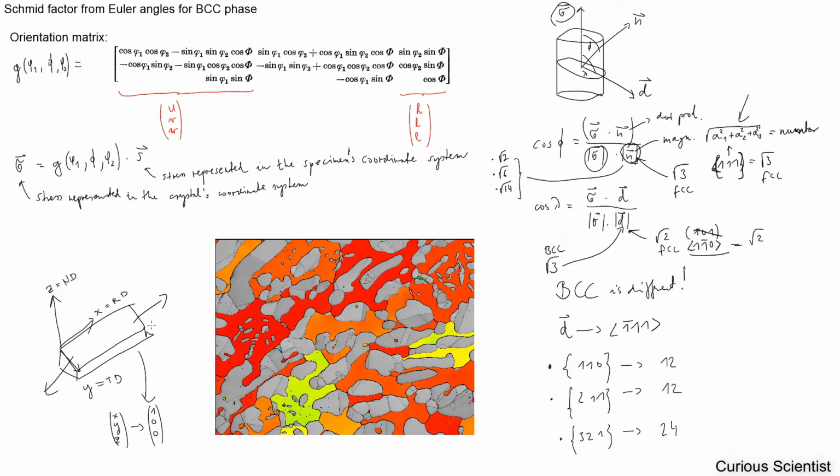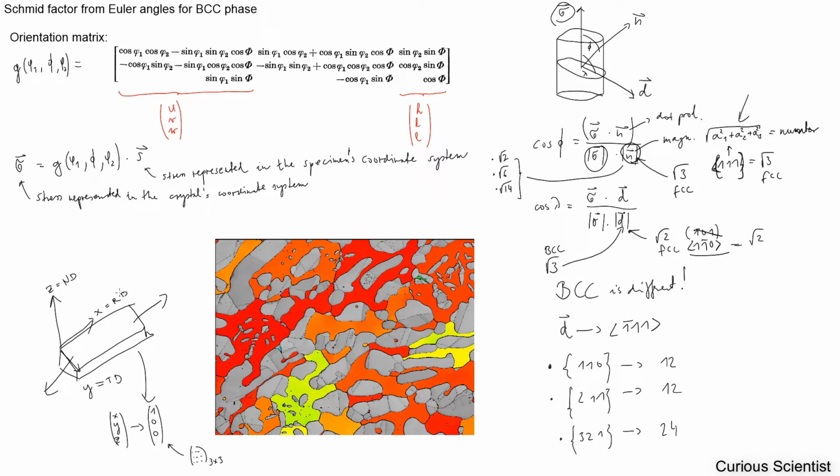But if you really want to have 3D stresses, then instead of this you will have a 3x3 matrix, and that will define your stress state. But here we have a pure uniaxial stress, and that is acting in the x direction. But this is defined in the specimen's coordinate system.